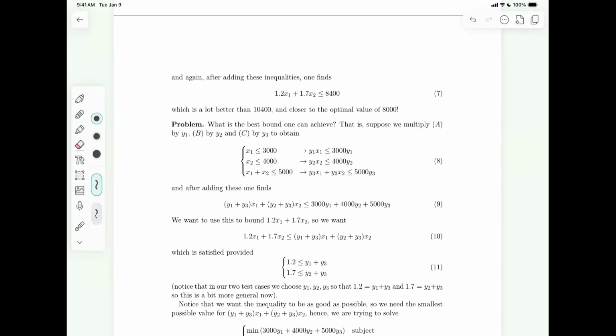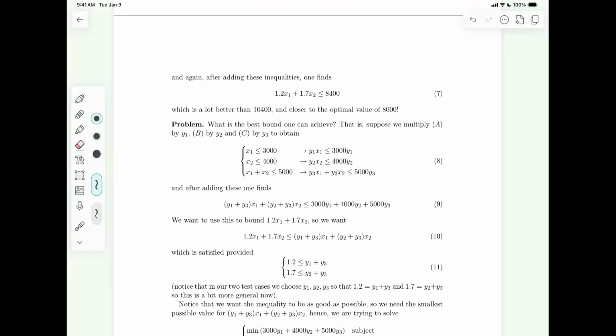I'll call it y1, and you'll see why in a moment. Can I multiply the second inequality by a number, which I'll call y2? And can I multiply the third inequality by a number, which I'll call y3, right? So that if you combine that together, you get this inequality, okay?